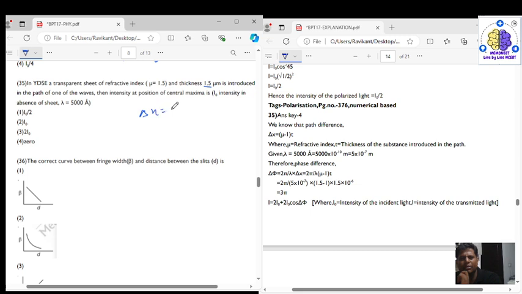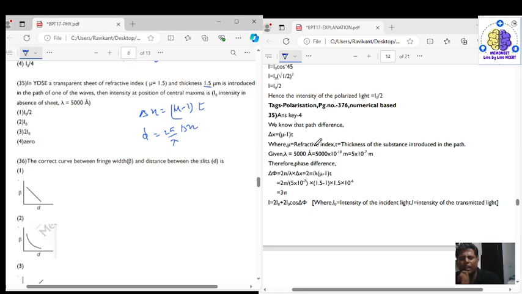So the shift delta x will be equal to refractive index minus 1 into thickness t, right? And the phase difference phi will be equal to 2 pi by lambda into delta x. So in place of this delta x, we can put this value.